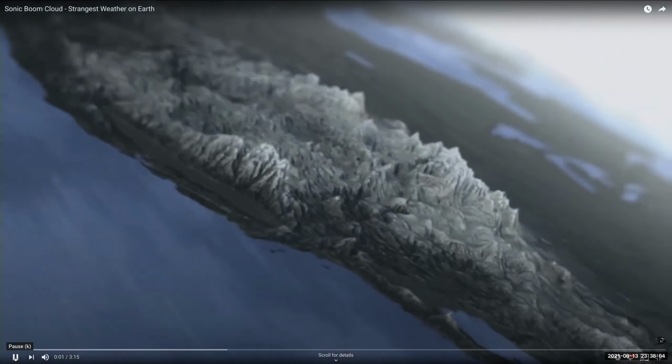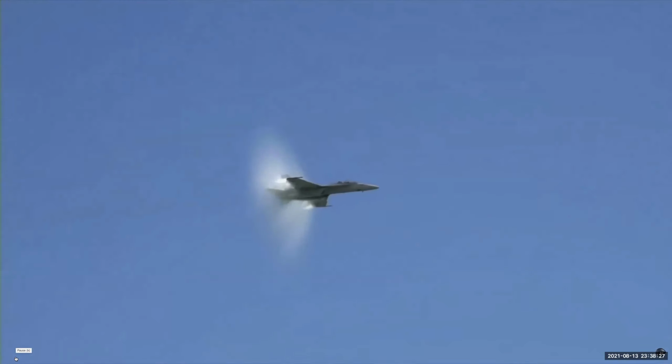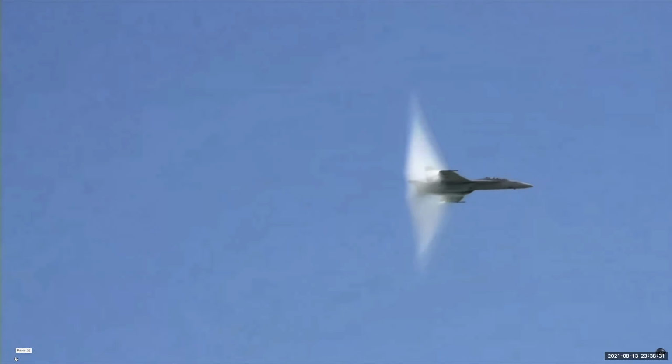San Diego, California, October 2010. A fighter jet roars across the sky. Suddenly, there's a burst of white surrounding the wings. The crowds watch in amazement. This isn't an engine malfunction, and the jet isn't about to explode. By slowing the footage down, this amazing vision becomes clear.